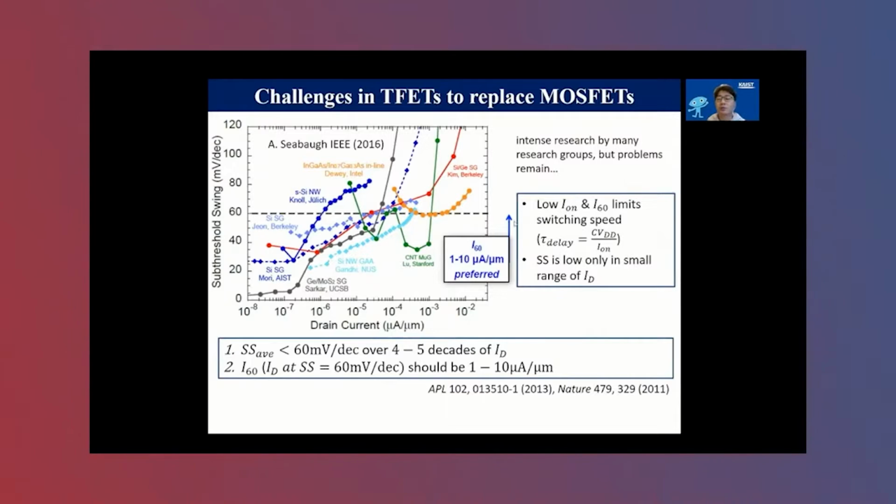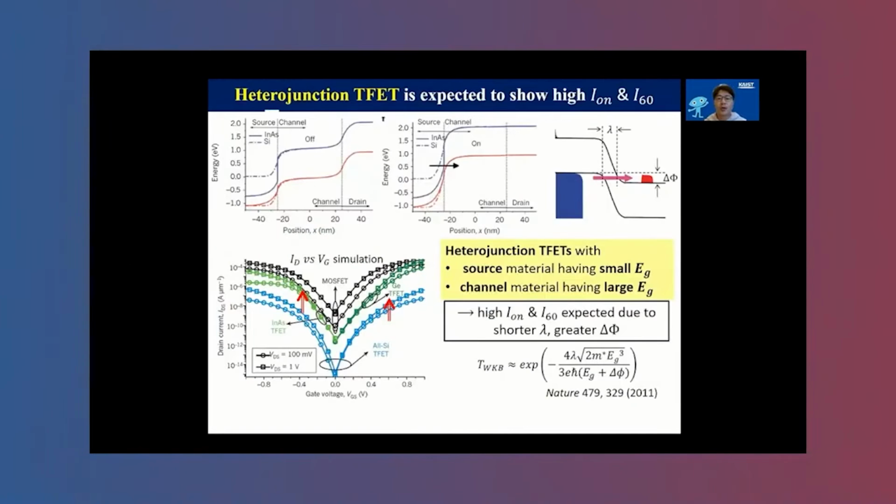So basically the transistor switches on and off very slowly, because you can think of it as a capacitor, charging the transistor on and off. But if the current is low, then the charging time increases, right?